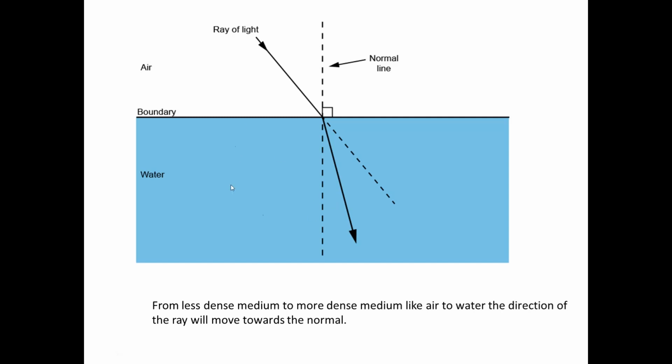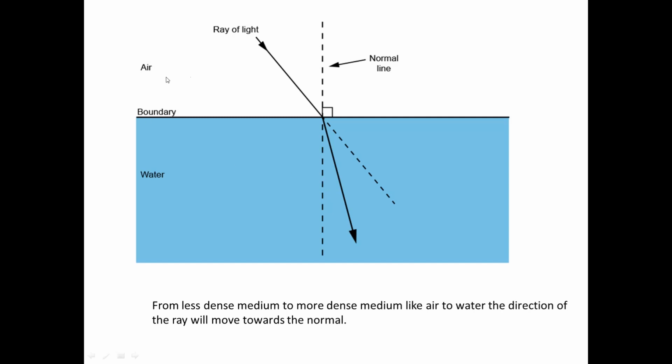First of all, this ray is called the refracted ray. This ray is called the incident ray. The angle between the incident ray and the normal is called the incident angle. The angle between the refracted ray and the normal is called the refracted angle.